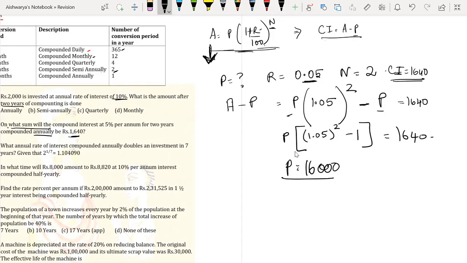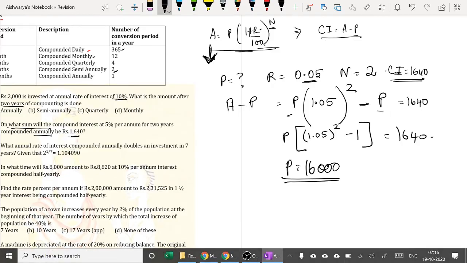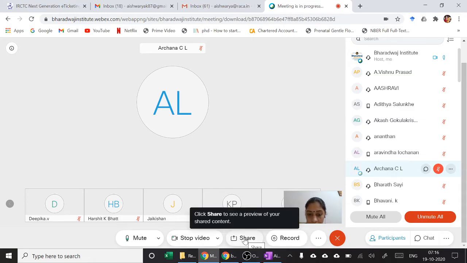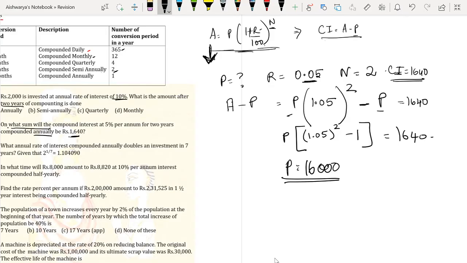This is how we use the memory function of the calculator. Anybody wants me to repeat this memory function? Are we clear with this? Let's proceed to the next question.